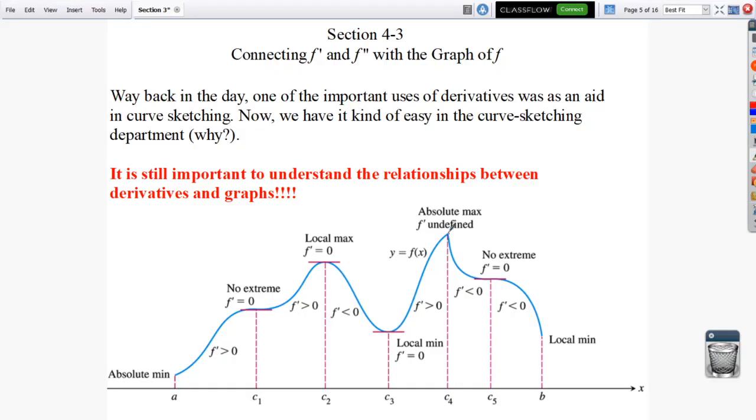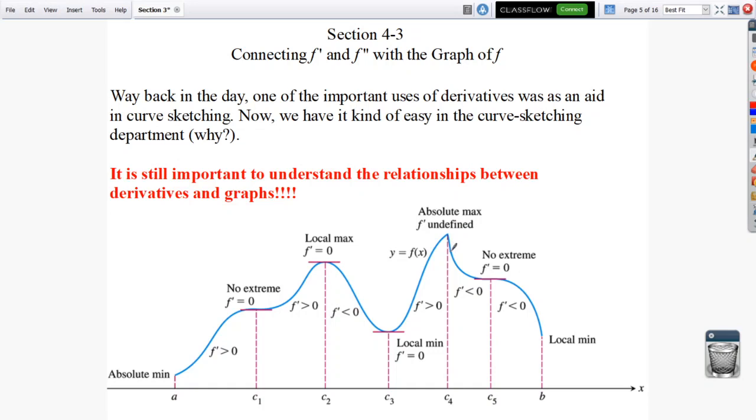Now at C4, we have f prime undefined, again making it a critical point. Because the derivative changes from positive to negative at C4, that means that C4 is a local maximum. We can go back and look at the function to determine, since it is the highest over the entire domain, it is also an absolute maximum.